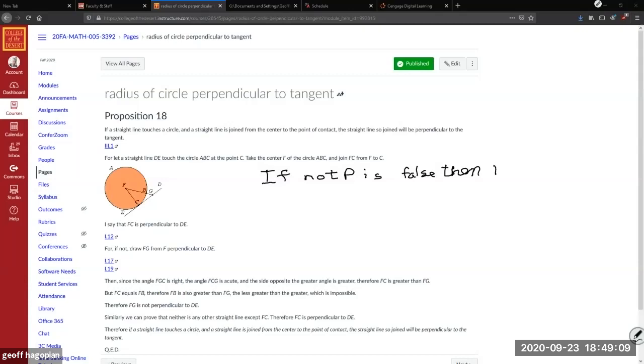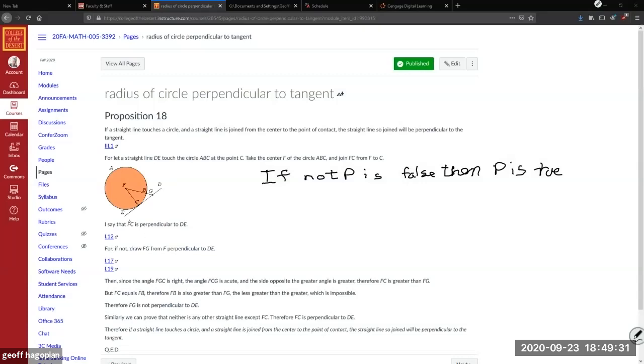Then P is true, right? So we assume that I say that FC is perpendicular. So there's the claim, right? You see the claim? So he's assuming not that this is not true, right? So he's assuming the opposite.